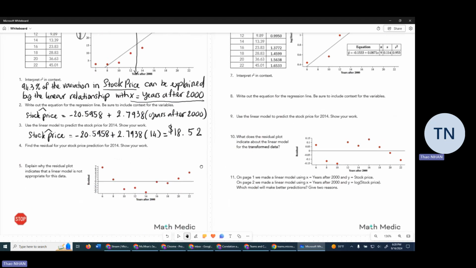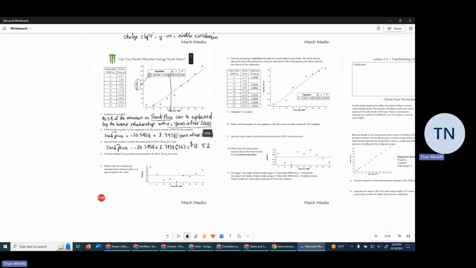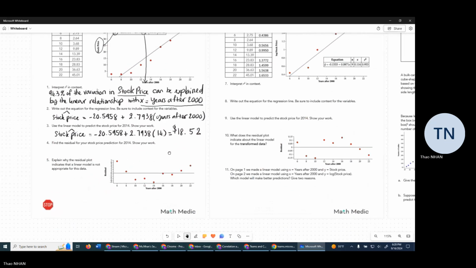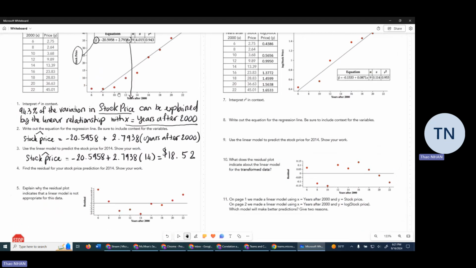Okay, down here, find the residual for your stock price prediction for 2014. Show your work. So find the residual.